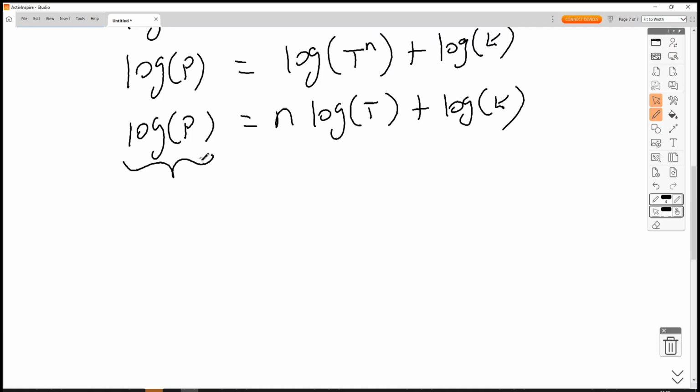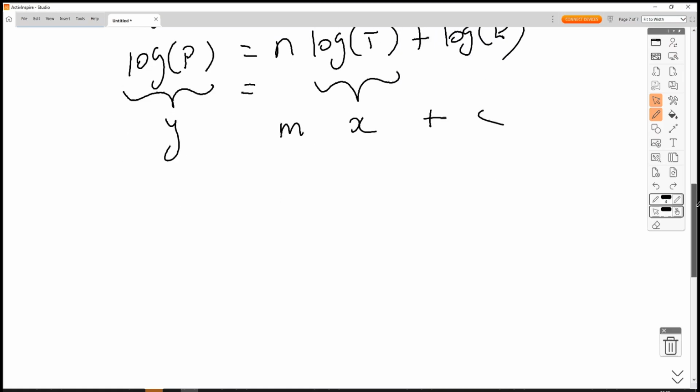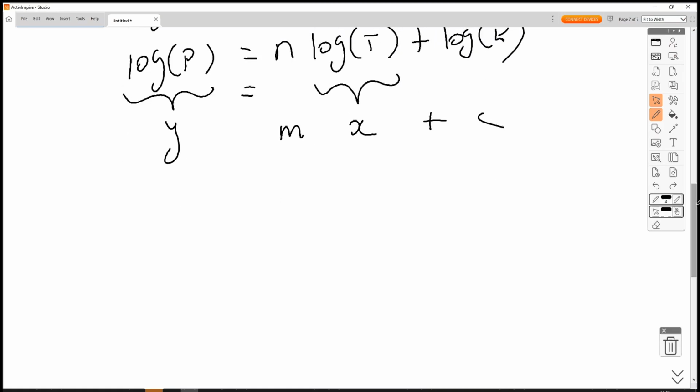So just like last time, it's Y equals MX plus C. So if you obtained a set of results and you actually did this graph, you would find, so results give N equals 1.